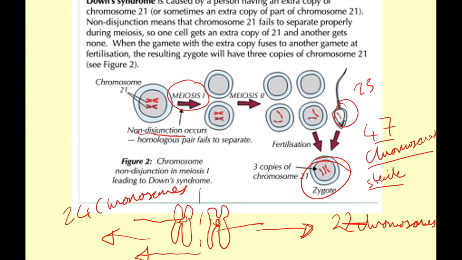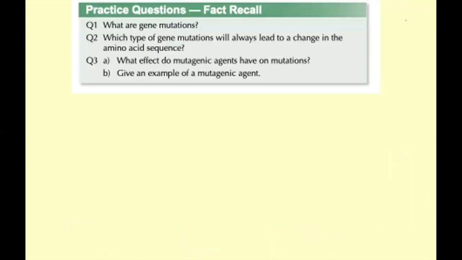Okay, so that's one problem. On the year 13 course, you'll also look at inversions in chromosomes. It's not on the year 12 syllabus. So other problems in chromosomes can occur to feed into this topic. Okay, it's time for you to do a little bit of work before I go on to cancer. Cancer is mainly studied in year 13.